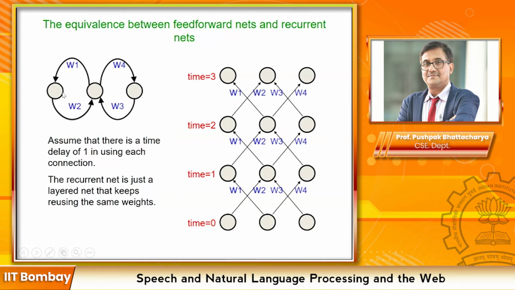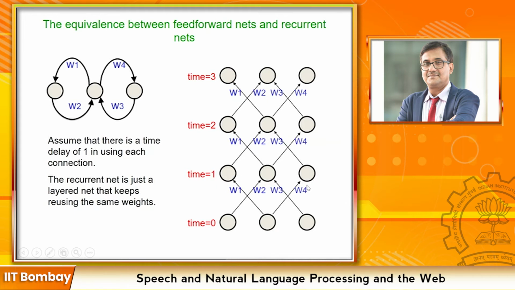Now, when you step through time, suppose this neural network is looking at entities in a sequence. It looks at the first entity, moves to the second entity, goes to the second time step. So at time t equal to 0, I have these 3 neurons. Then at time t equal to 1, I repeat these same 3 neurons.